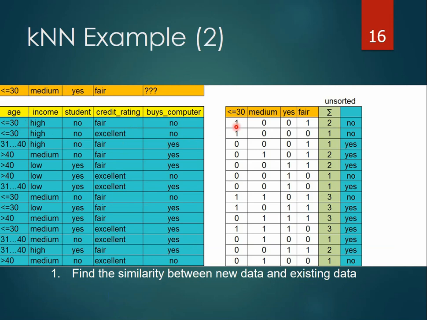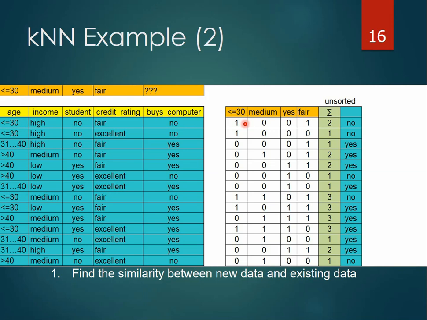We just compare, for the first one, for example, is this value less than or equal to 30, the same as the first tuple being less than or equal to 30? If it is the same, then it is similar. So if the value is similar, we put 1.